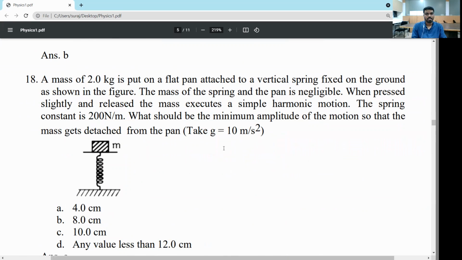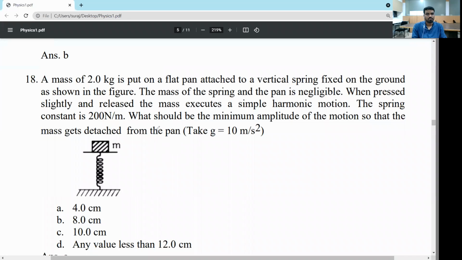The mass of the spring and the pan is negligible. When pressed slightly and released, the mass executes SHM. The spring constant is 200 Newton per meter. What is the minimum amplitude of the motion so that the mass gets detached from the pan?